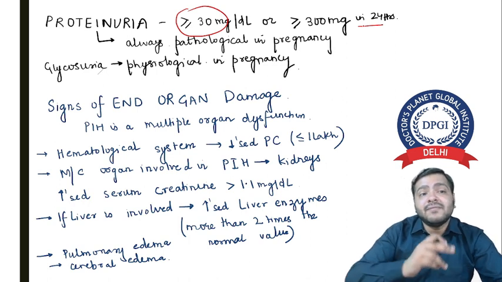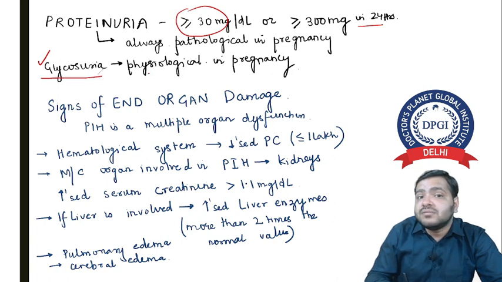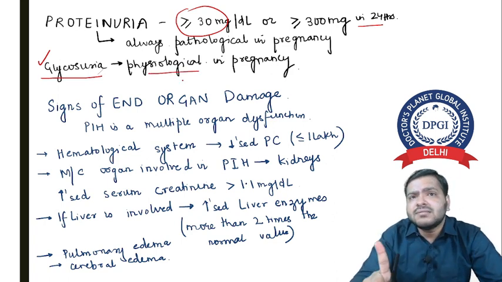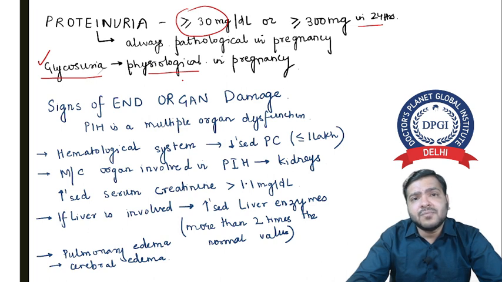Whereas when we compare it with glycosuria, guys, glycosuria is basically physiological in pregnancy. Glycosuria is not pathological. So proteinuria is pathological in pregnancy, and that indicates that the pregnant woman is suffering from pregnancy induced hypertension. It can be mild or it can be severe as well.